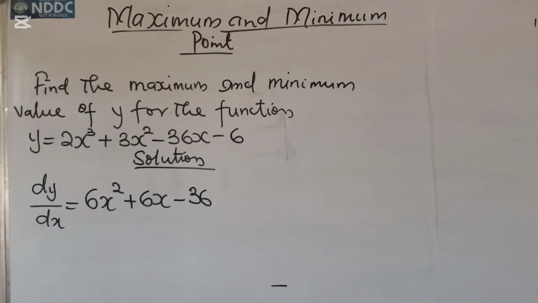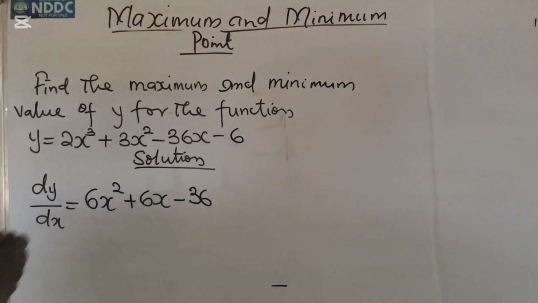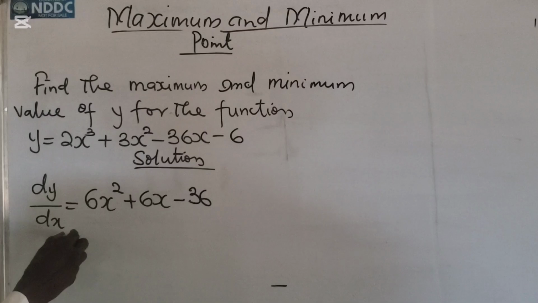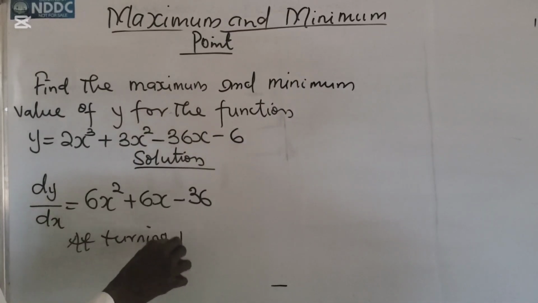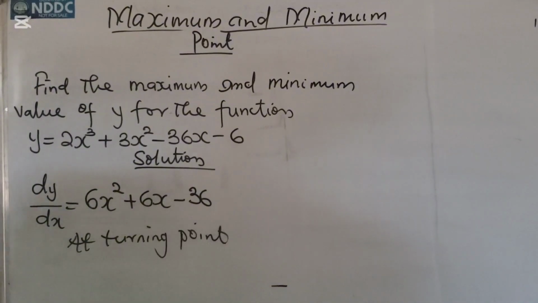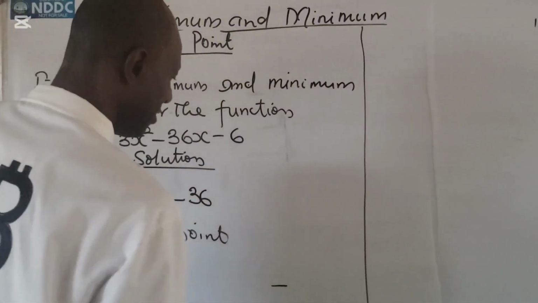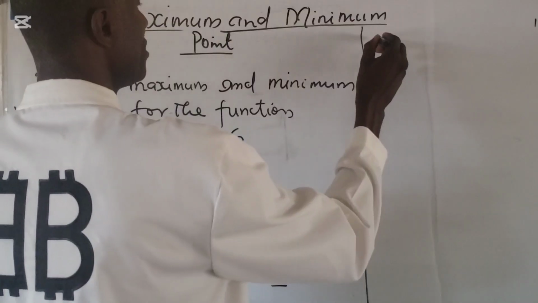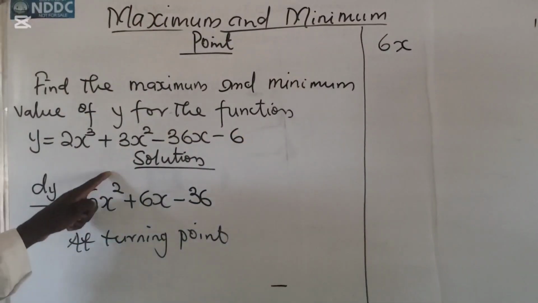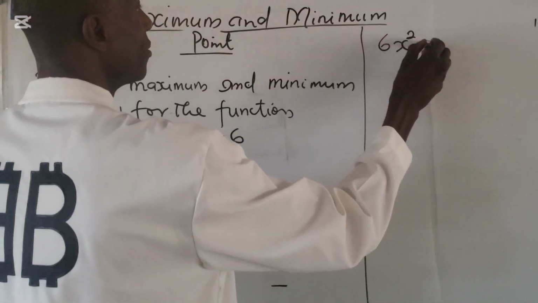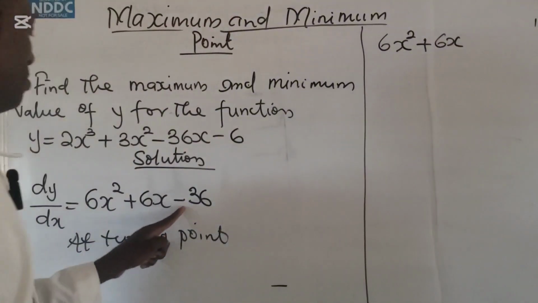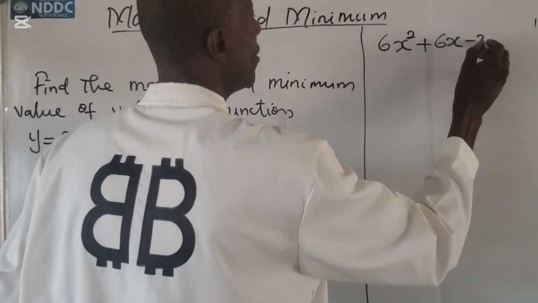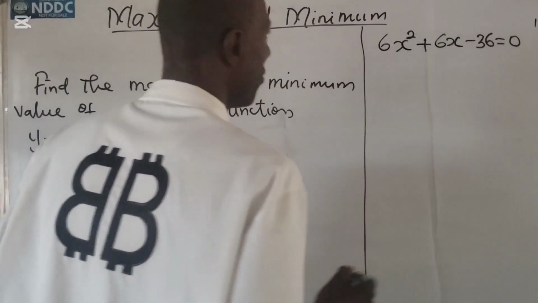So now what do we do? We equate the first derivative to 0, because at a turning point, the first derivative is 0. Which means 6x raised to the power of 2 plus 6x minus 36 is equal to 0.